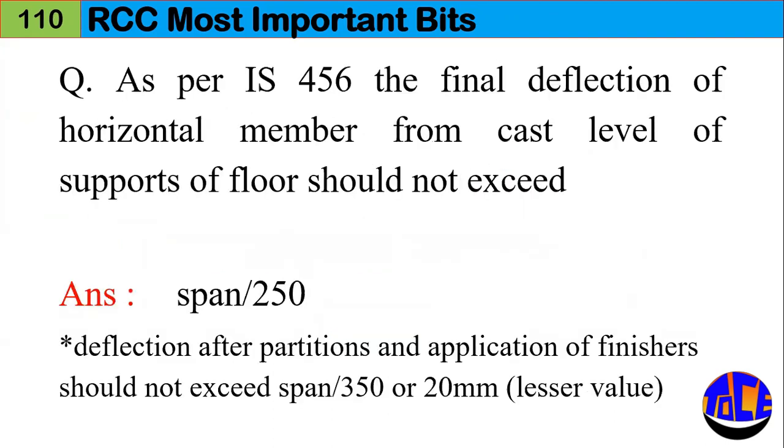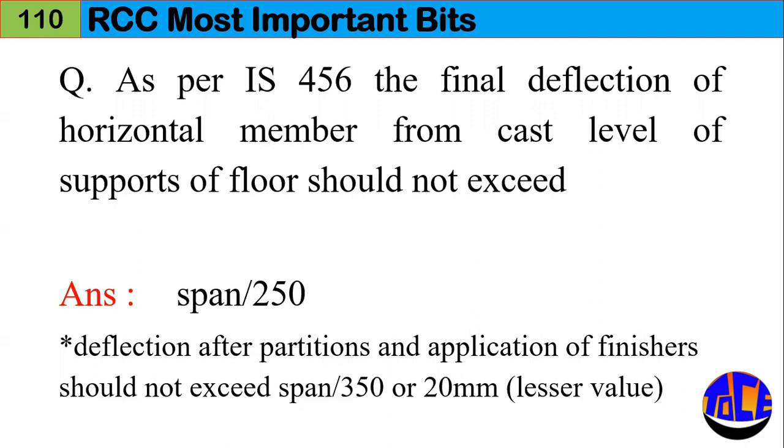Question number 110. As per IS 456, the final deflection of a horizontal member from the cast level of supports of the floor should not exceed span by 250. Span by 250.